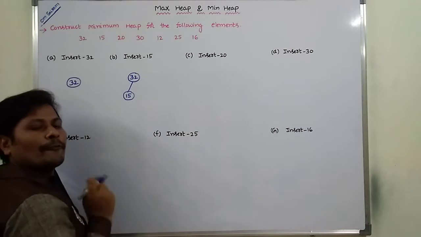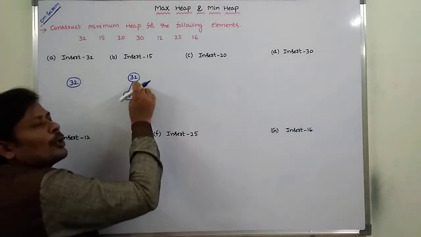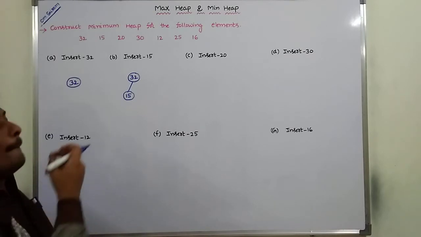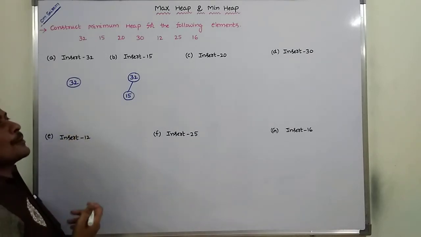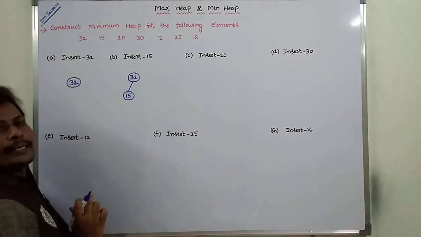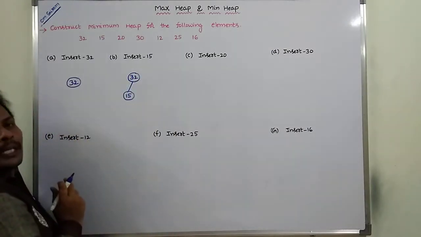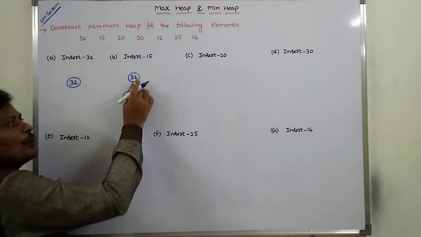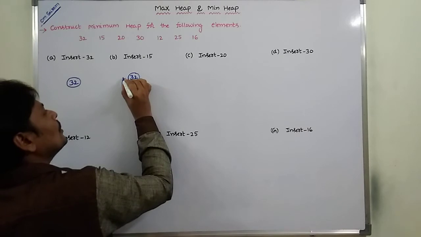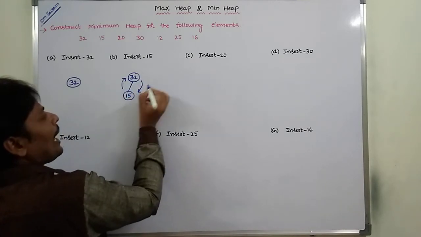In a minimum heap, the parent node value is always less than the children's node values, so this does not satisfy the minimum heap property, because 32 is greater than 15, so we have to swap these two values.